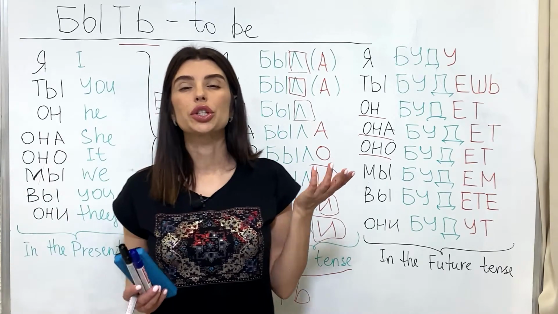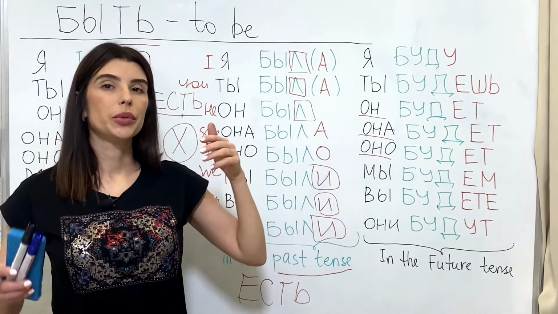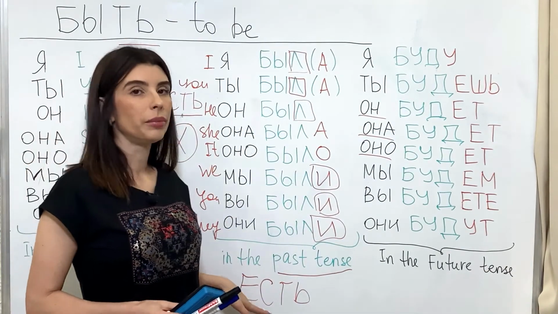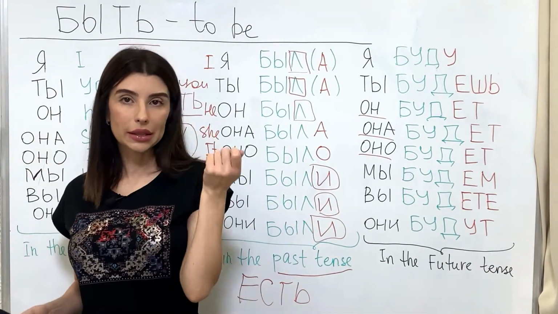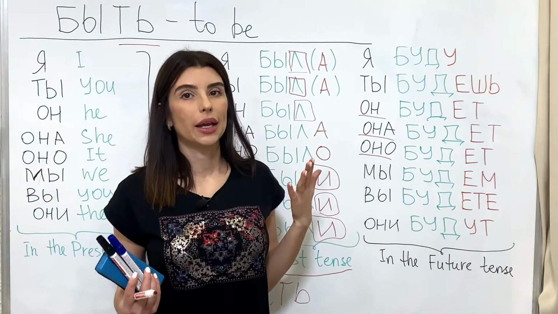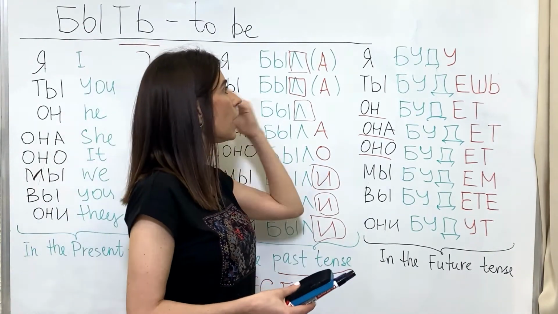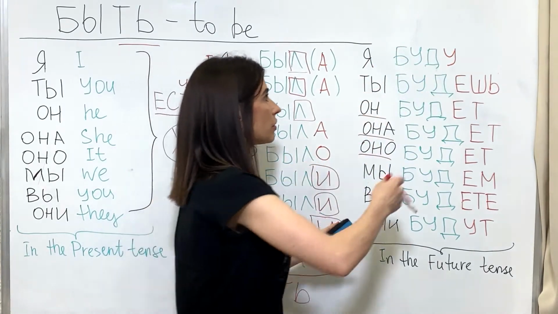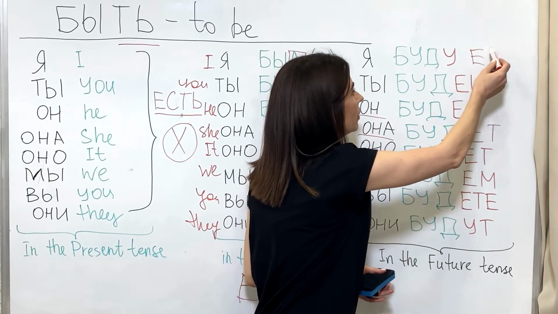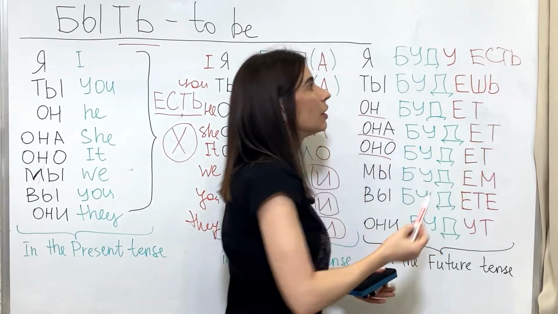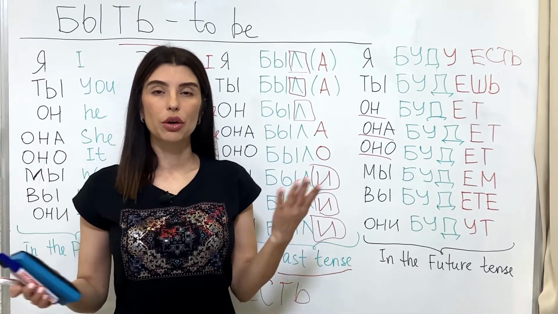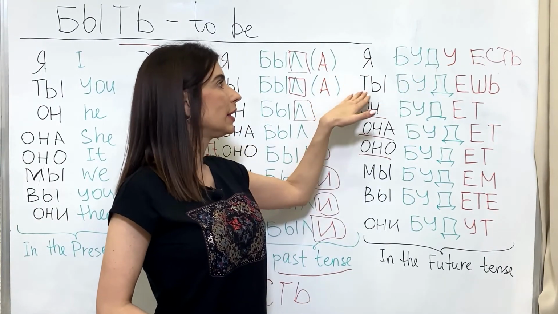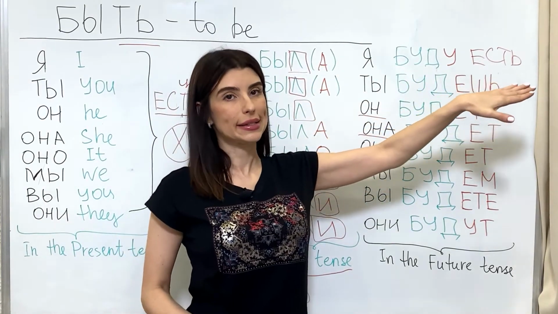I want to show you how it will be in a sentence. For example, we found the verb есть, meaning eat. How can I say it in a sentence? Я буду есть. So the verb есть will be in infinitive form without changing. Я буду есть. Ты будешь есть.